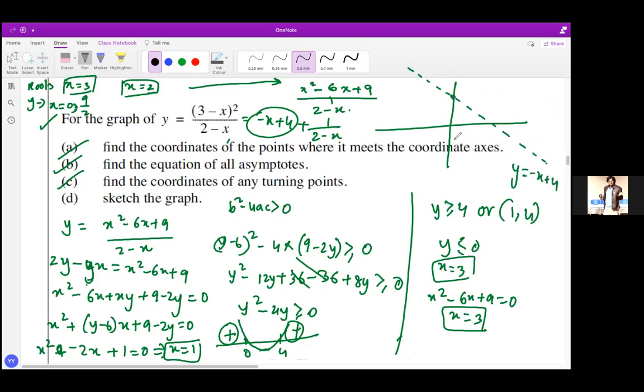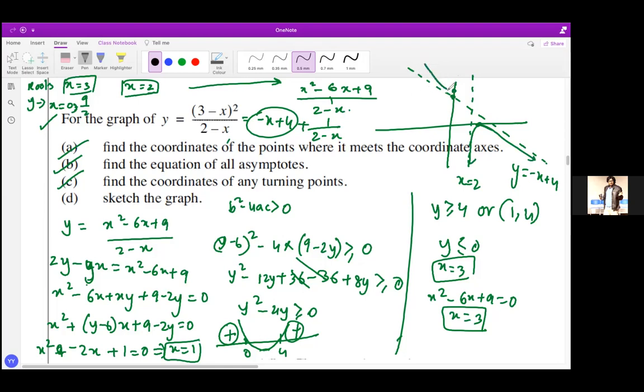Then there is a vertical asymptote at x equals 2. And then there is a root at x equals 3, and a turning point at 3 comma 0. Okay, so this side it will be like here. This side will be here. And then on this side, your y-intercept is 9 by 2.